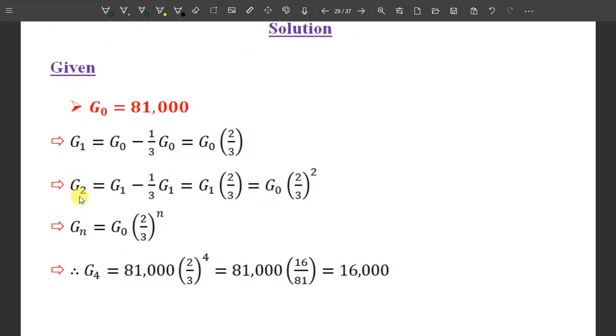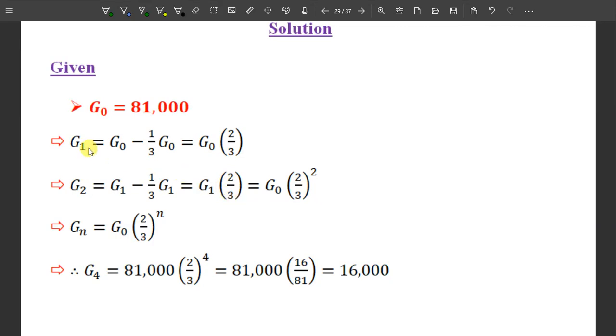the motor bicycle will be worth G1, the amount it was a year ago, minus 1/3 of this amount. That is G2 is equal to G1 minus 1/3 of G1, which becomes G1 times 2/3.